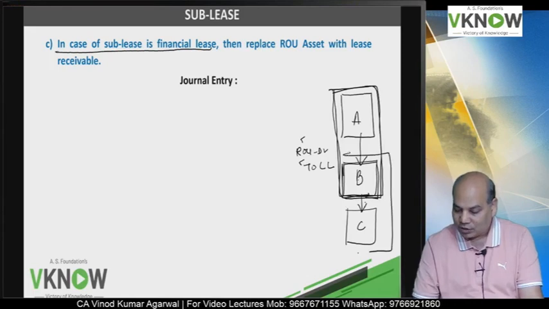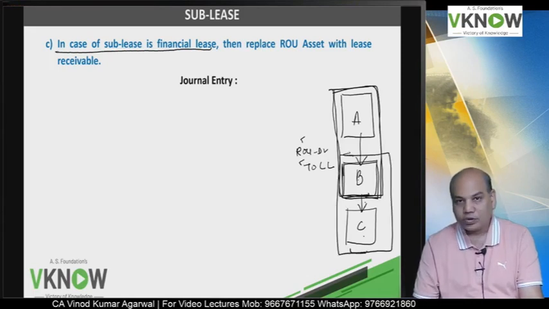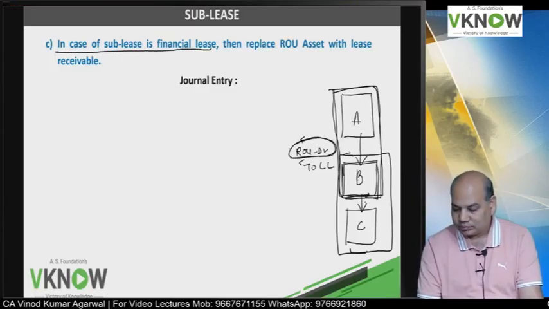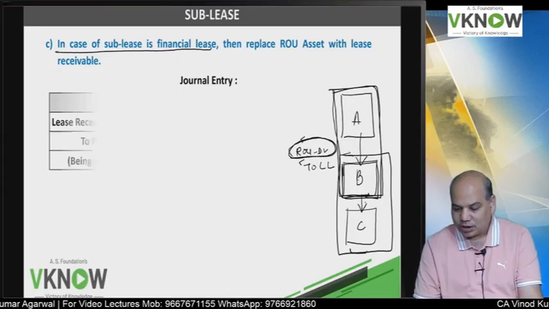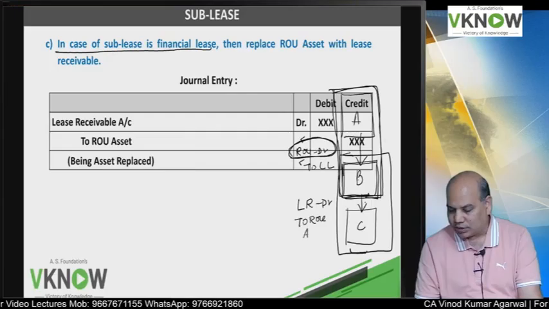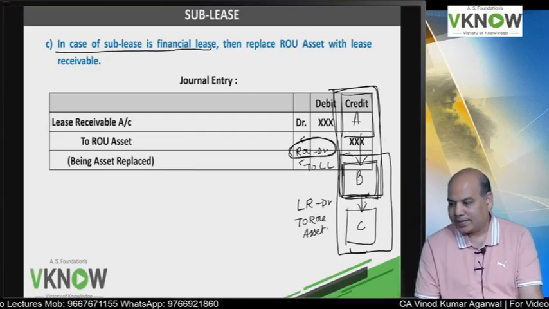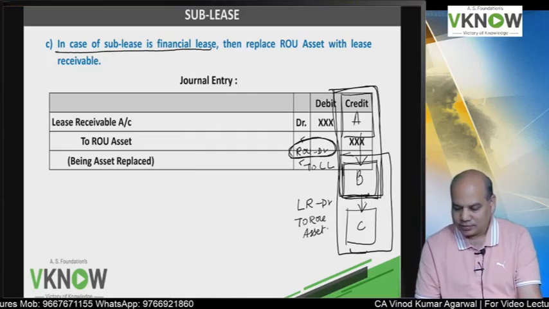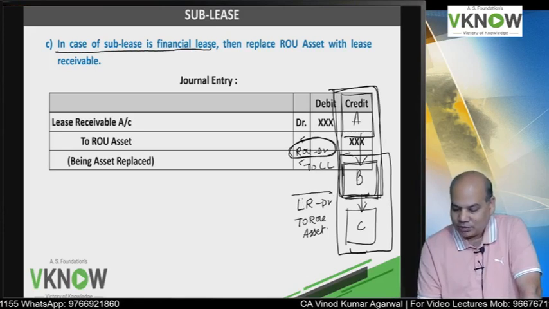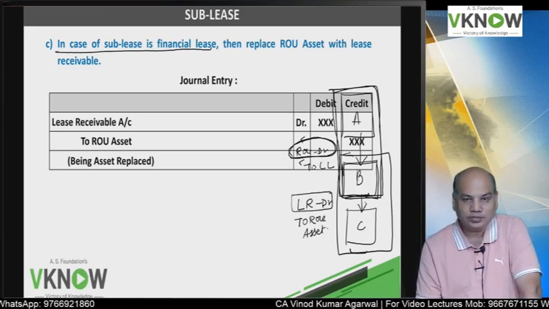Now the asset is given on sublease and it is a finance lease. You are not using the asset, so you will derecognize ROU asset, and in place of that you are going to recognize lease receivable to ROU asset. So ROU asset will be derecognized, and in place of that lease receivable account will come.